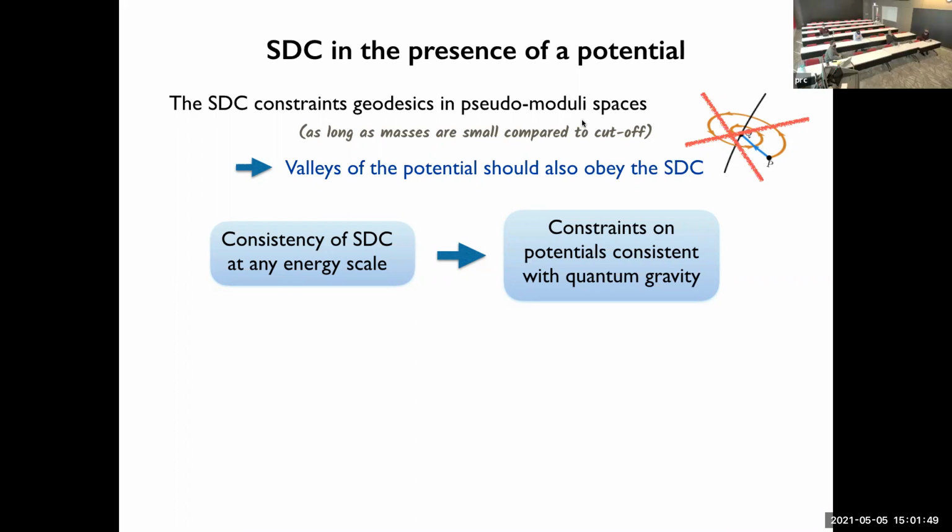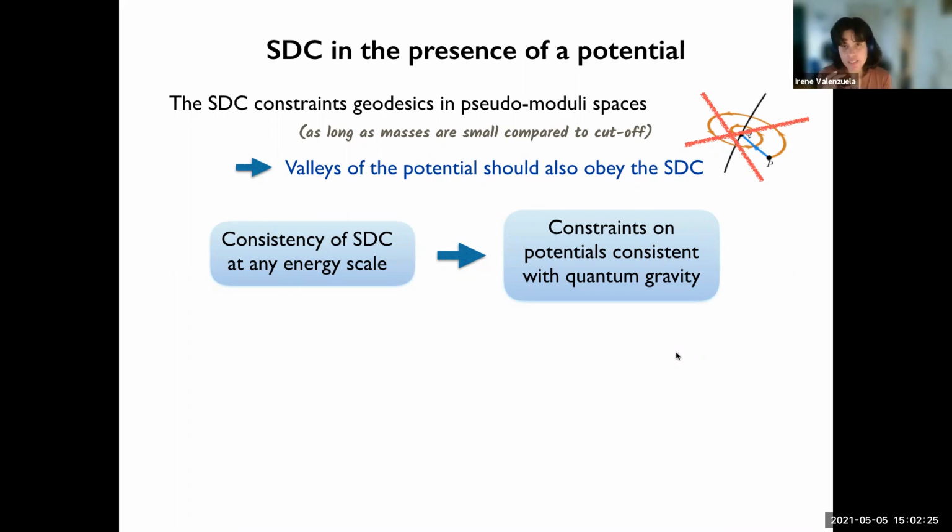Can you state the constraint without using the word potential? Constraints on the level of geodesics, but that depends on the scalar potential as well. If you wish, you take some effective field theory with some cutoff, and you study the scalar manifold for the scalars with masses below that cutoff, and you study geodesics in that scalar manifold, and then you should get the infinite tower of states decreasing in terms of the geodesic distance.